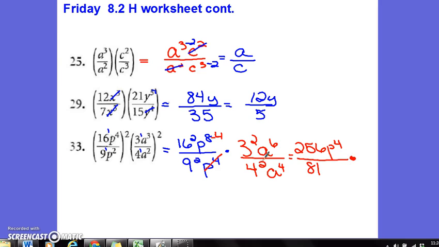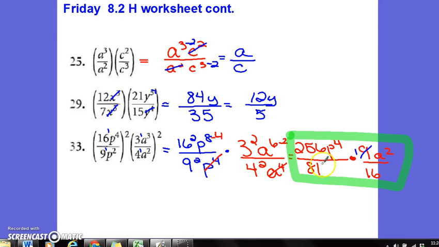Times, now 3 squared is 9, and 4 squared is 16, and then bring this up minus 2, so a squared. Now we're going to multiply straight across, or maybe we'll reduce. Let's look at just this piece, and let's start reducing.